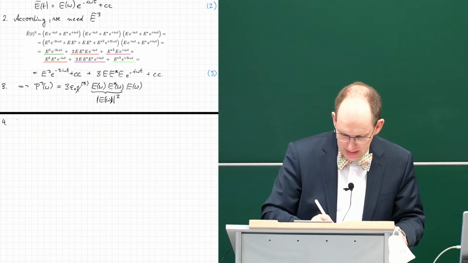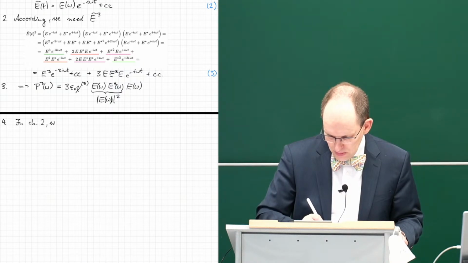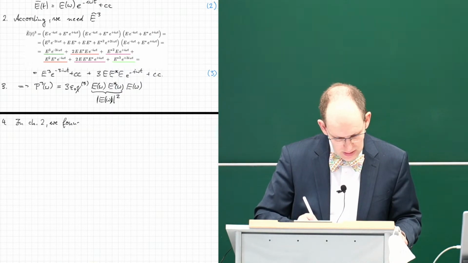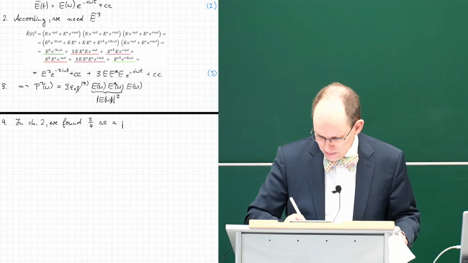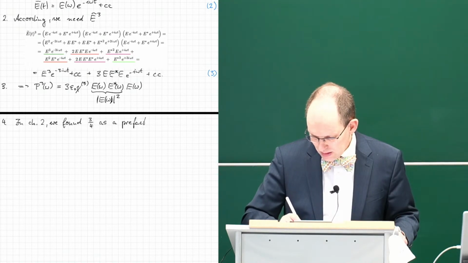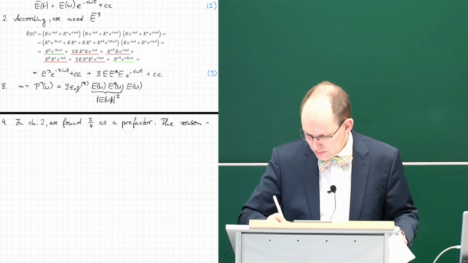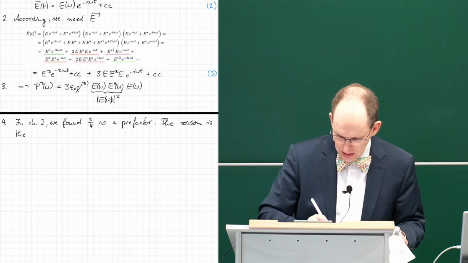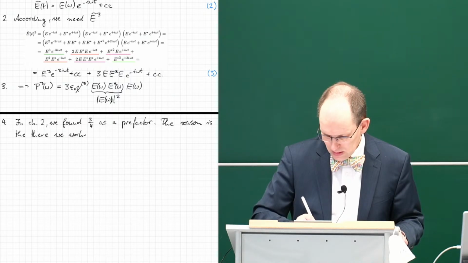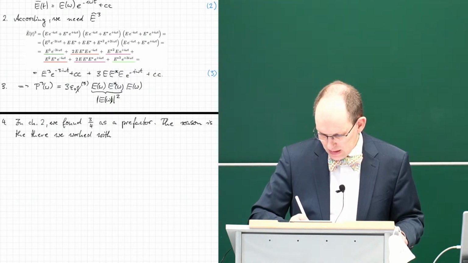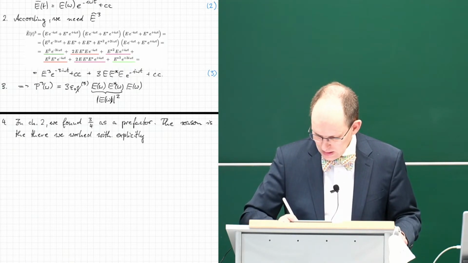Yeah? So in chapter 2, we found 3/4 as a prefactor. The reason is that there we worked with explicitly real fields.